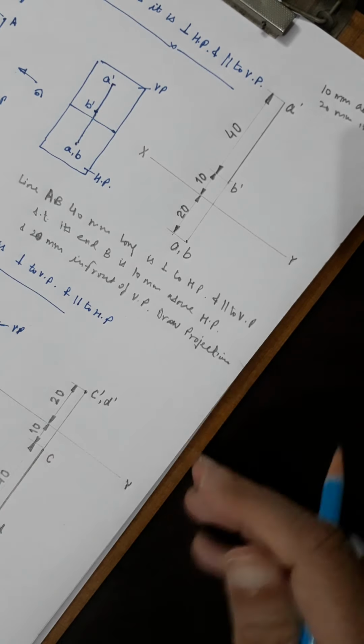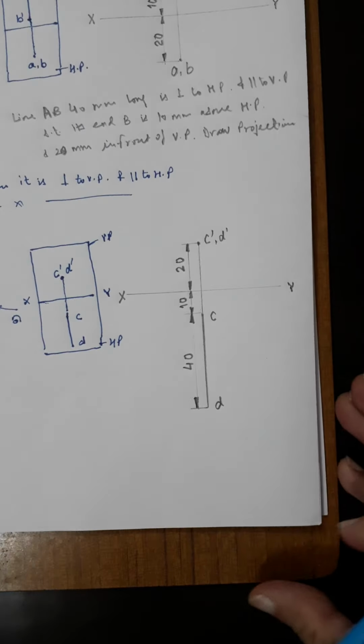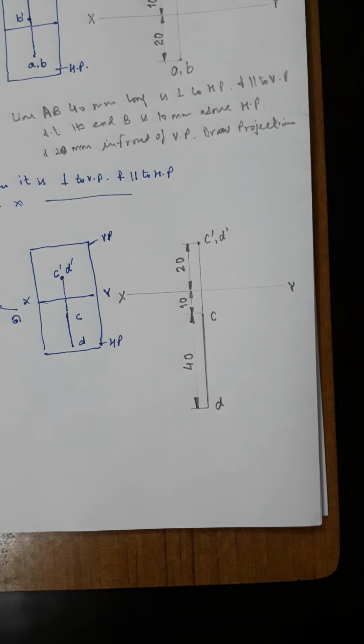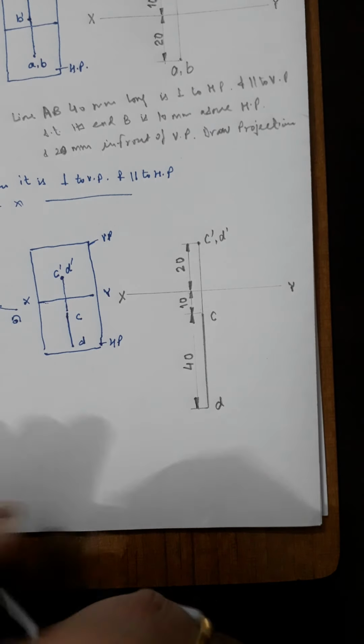Okay, so this is the projection of the line when it is perpendicular to VP and parallel to HP.